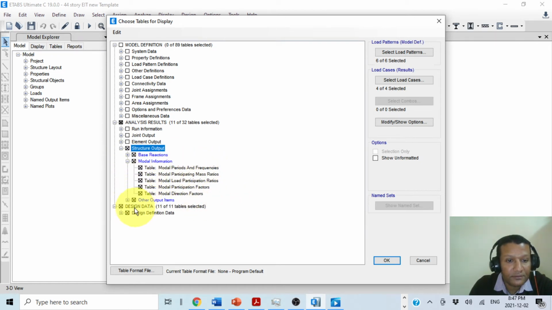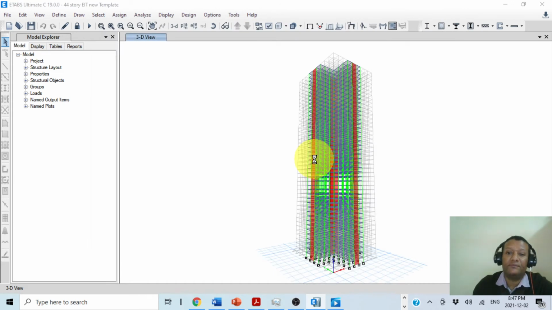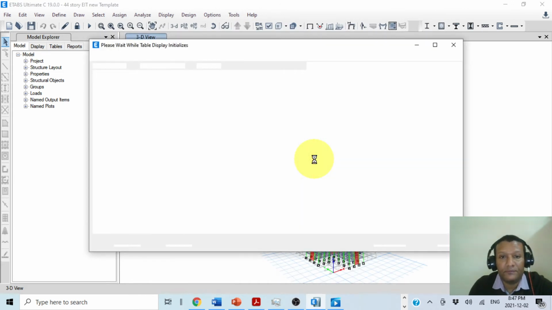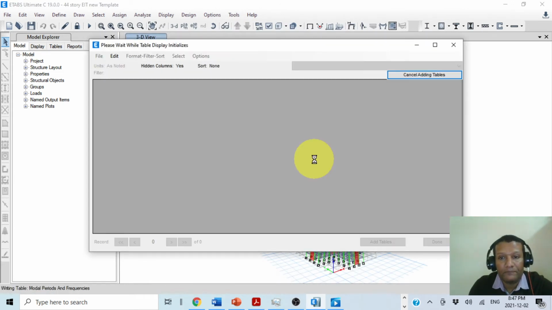Okay, no need for the design. Structural output, base reaction, okay, but I need more information only. If I open, this is the mode information.